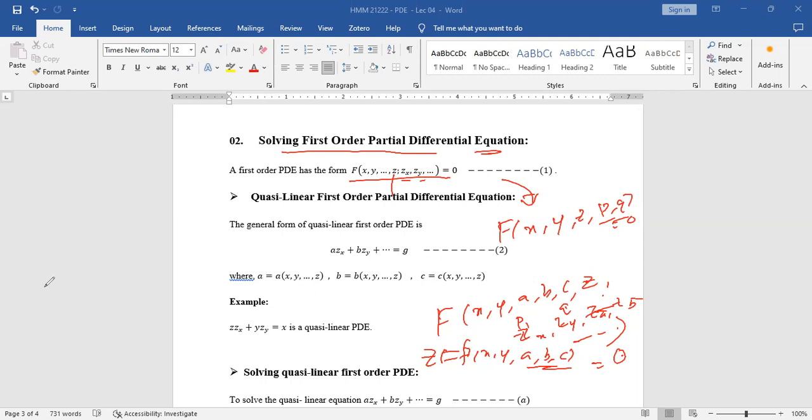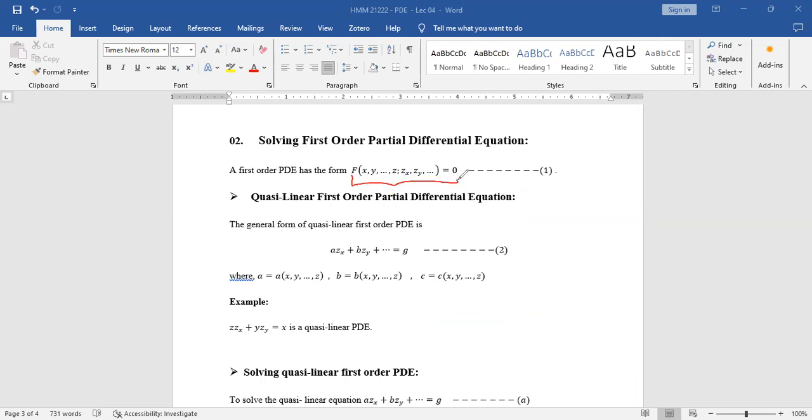So that's why they have written this format a little bigger than what I told you earlier. Okay, they have taken this as equation number 1. Then they are trying to solve the quasi-linear kind of first order differential equations.